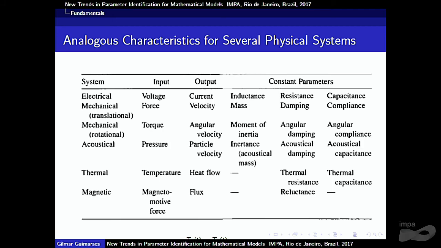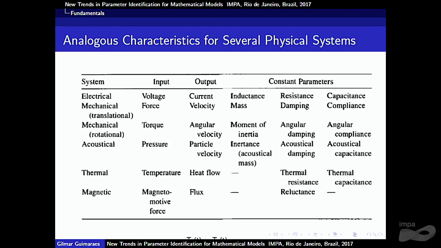This picture shows the relation of the various systems. If we have an electrical system, we have a voltage as an input, and you have the output, the current. So the response of the system will be a function of the inductance, resistance, and capacitance.